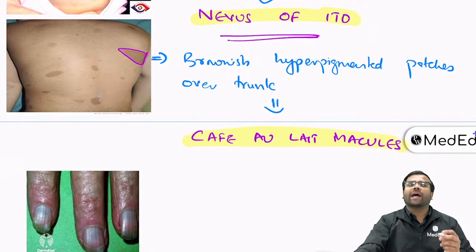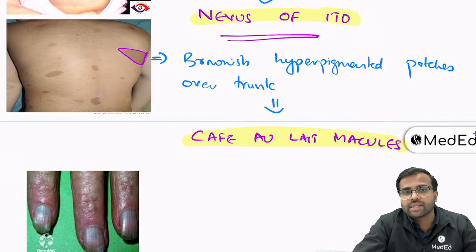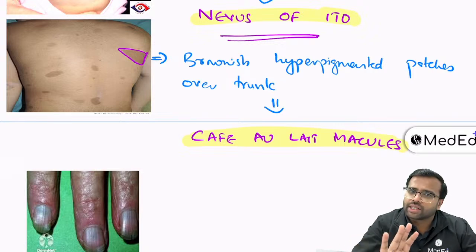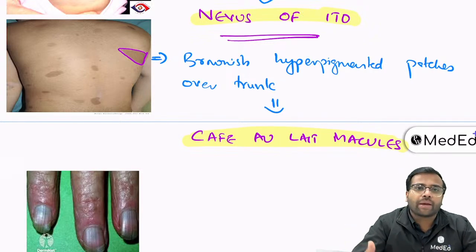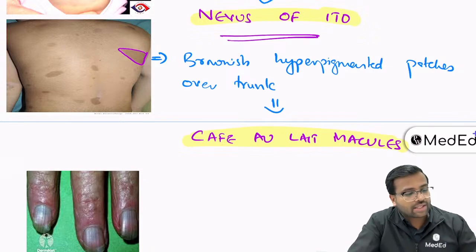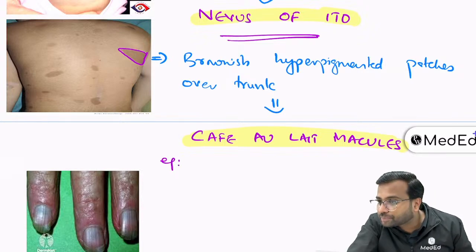These café au lait macules can also be seen in association with many diseases. Does anybody know which diseases where you can find café au lait macules? One is normal individuals: one or two café au lait macules can be seen, which is completely normal. Sometimes when multiple café au lait macules are present, this can be seen with many diseases. I'll give you some examples.